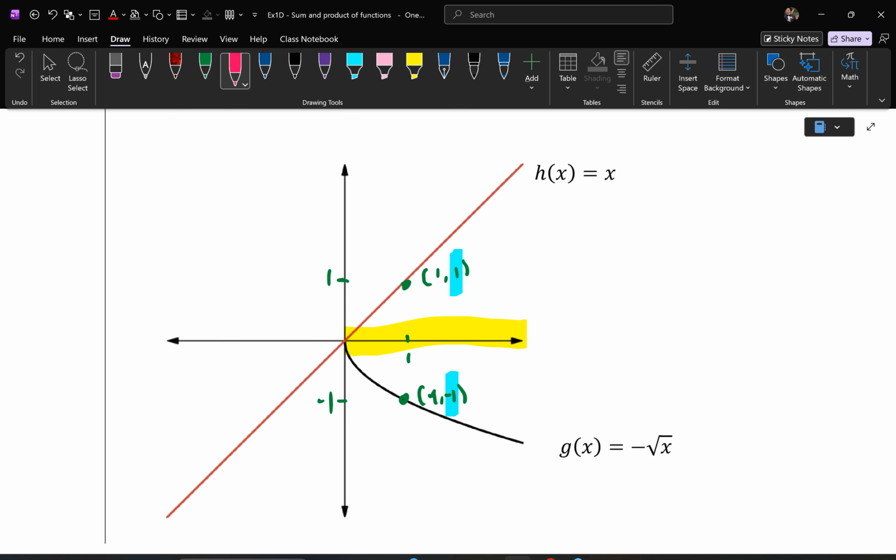But coincidentally, 1 times -1 is actually this point. The other point we also know is 0, 0. So that means both of them have 0, 0, and if you multiply the y values, it should also be 0.